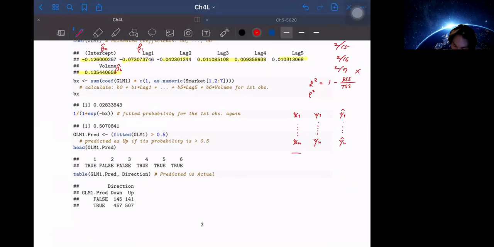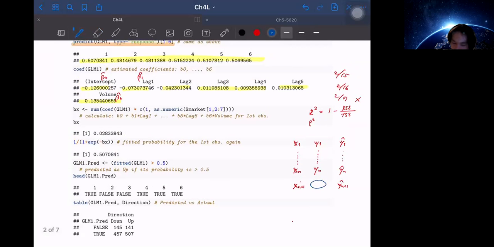But in the logistic regression model, if you plug in new observations, for example xn plus 1, then we can get yn plus 1 hat, even if we haven't observed yn plus 1. So in that sense, we can do the prediction. But for now, we only calculated these fitted values.